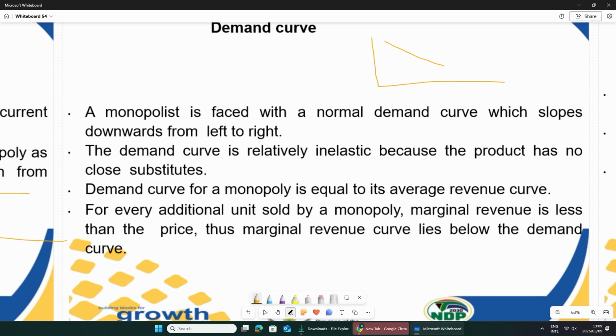And remember, we also said that the demand curve for a monopolist is also inelastic because there are no close substitutes, which means that it is not price sensitive. It is relatively inelastic. But the demand curve for a monopolist is also equal to its average revenue.